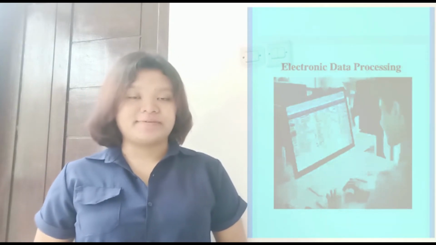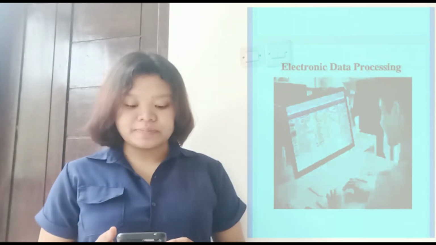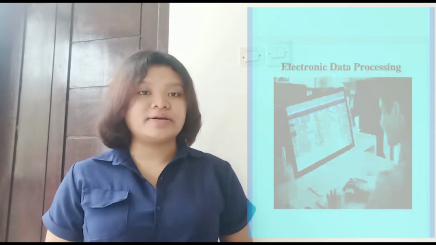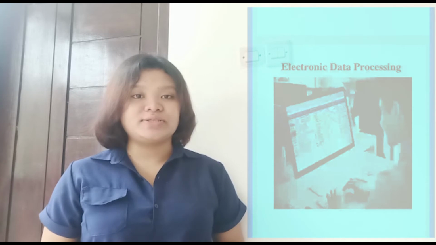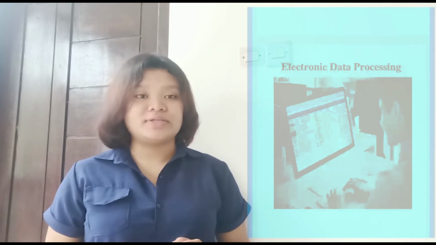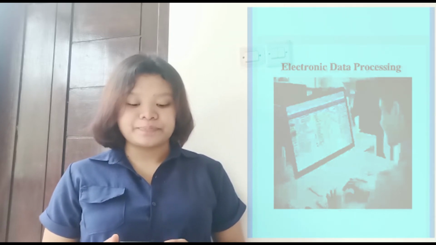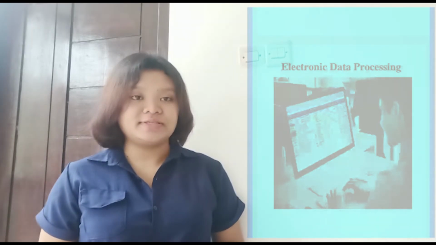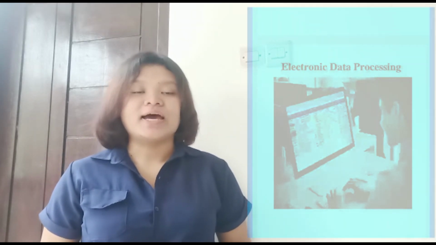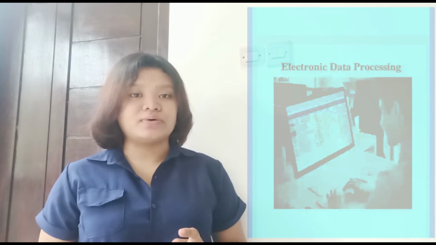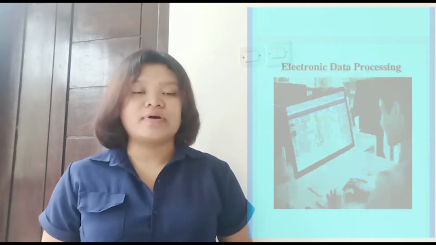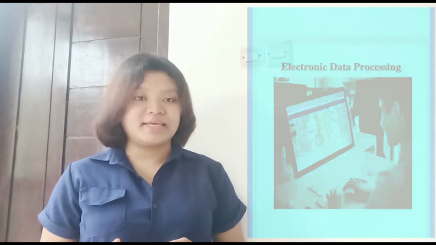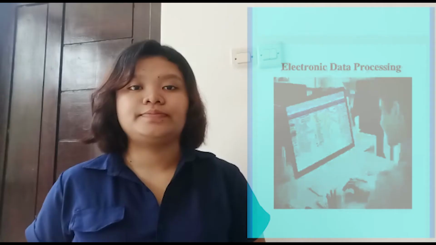electronic data processing. This is the most sophisticated and modern way of processing data. In this way, data is processed using the latest technology by utilizing computers, software, and various other technologies. The data generated through this process has a high degree of accuracy and is reliable.